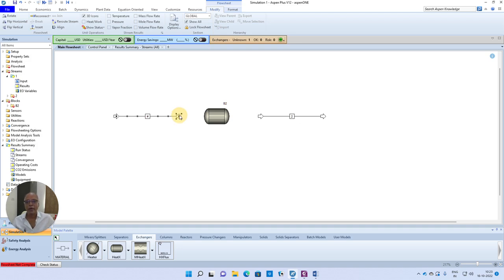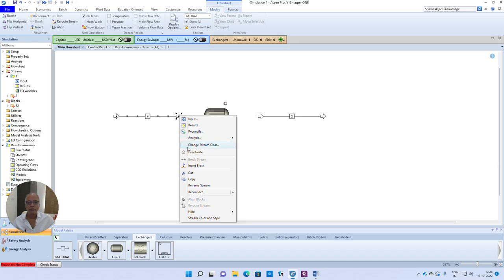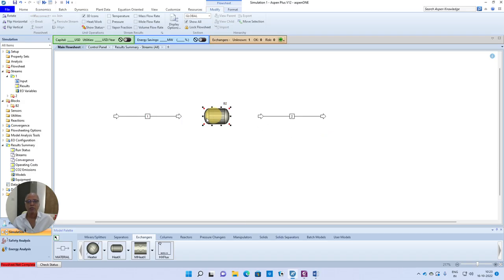So let me connect the streams. Before that, 1 second. You can see, this is the inlet to the cold fluid, this is the outlet of the cold fluid, this is the inlet of the hot fluid and outlet of the hot fluid, right?